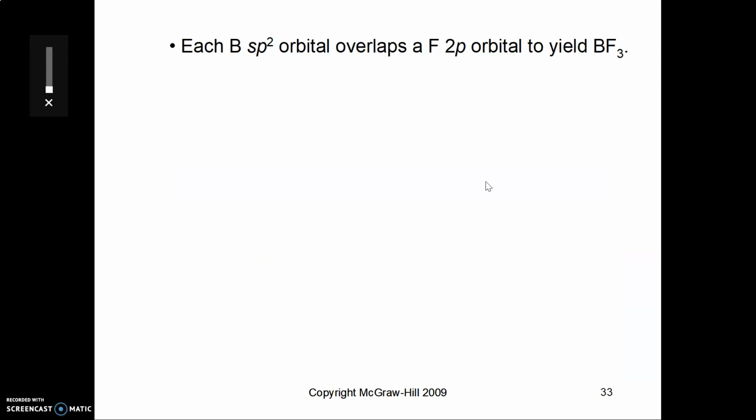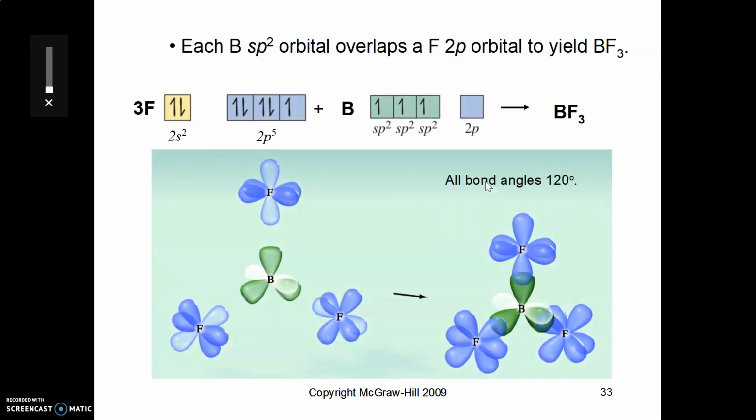Now, again, each sp2 orbital overlaps a fluorine 2p to get BF3. And so you can see now we have our fluorines, we have our equilateral triangle, with sp2 hybridization.